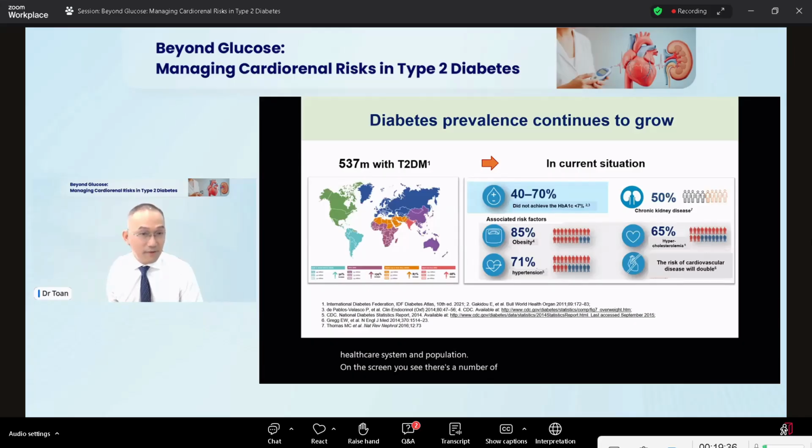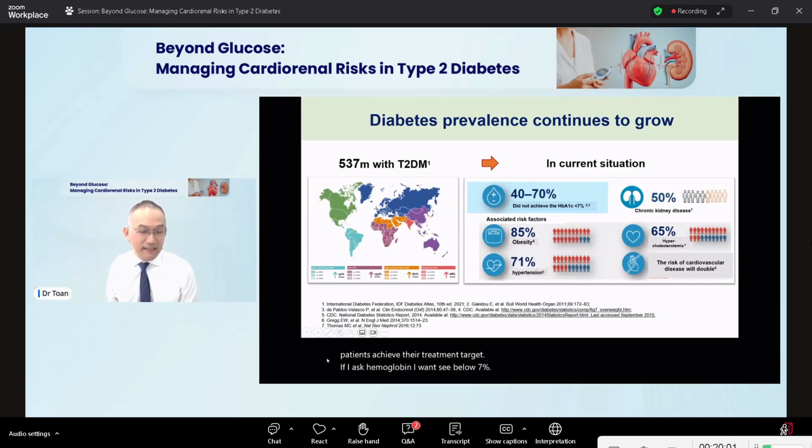It's rising every day. Today, about 537 million people worldwide are living with diabetes. However, less than 50% of patients achieve their treatment target, defined as hemoglobin A1C below 7%.